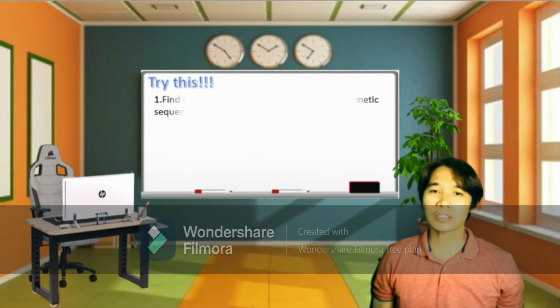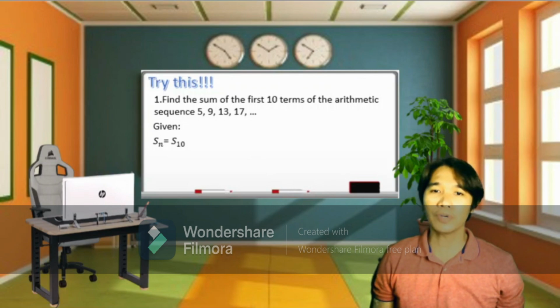Okay, let's try this. Find the sum of the first 10 terms of the arithmetic sequence 5, 9, 13, 17, and so on. First, we are going to write all the given. We have S sub n equal to S sub 10 because we are looking for the sum of the first 10 terms.